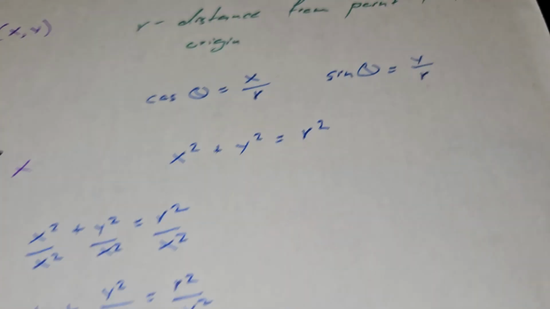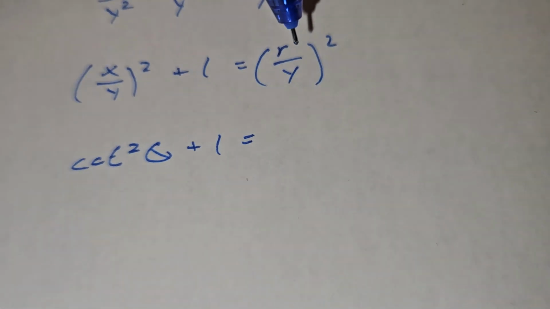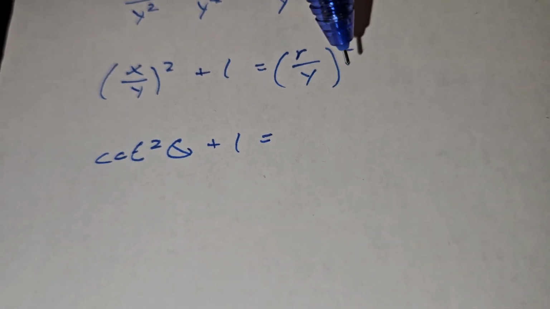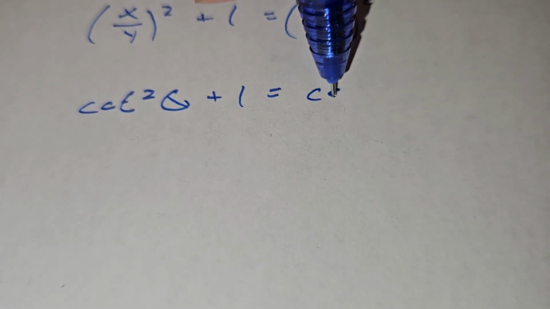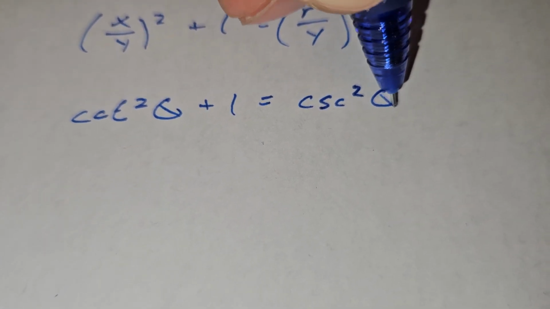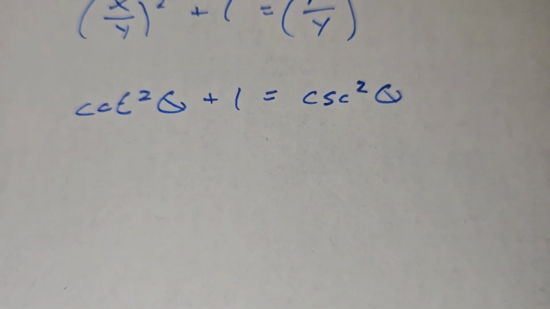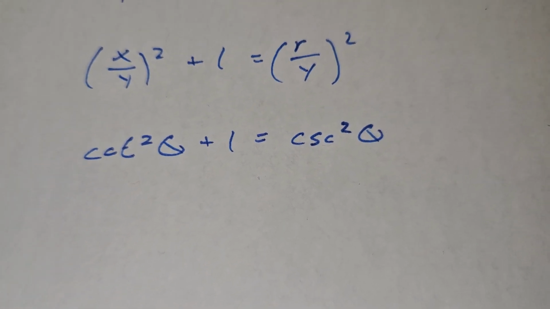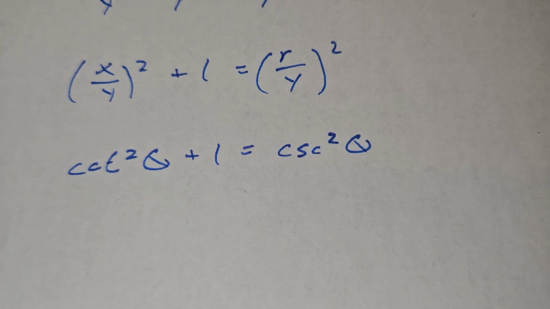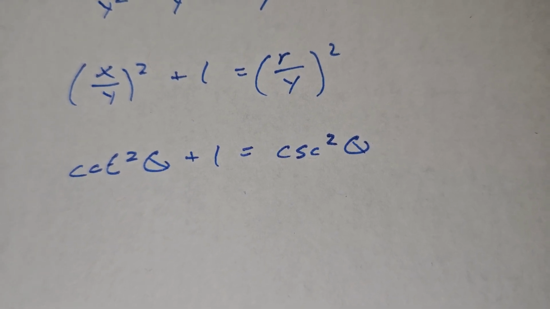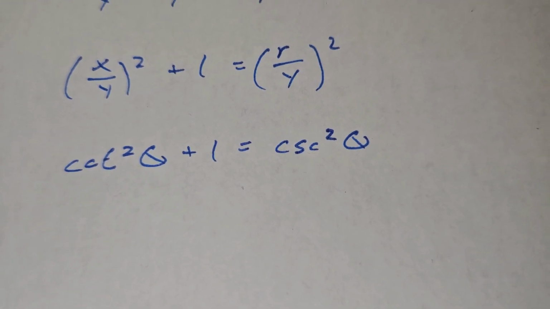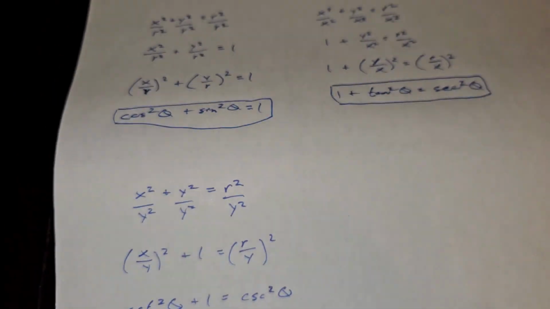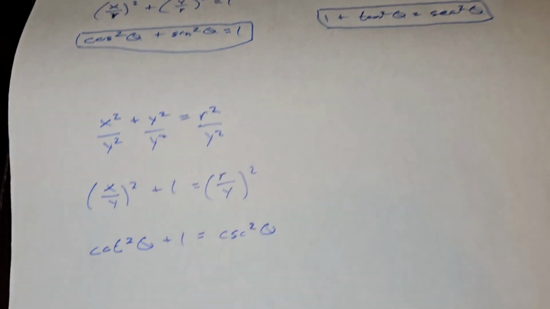Again, we have sine, y divided by r. So the reciprocal of sine is cosecant. So I have cosecant squared theta. It's important to already have the reciprocal identities memorized. They're easy, and it's important to know what tangent is, what cotangent is, and so on before we can start memorizing some trig Pythagorean identities.